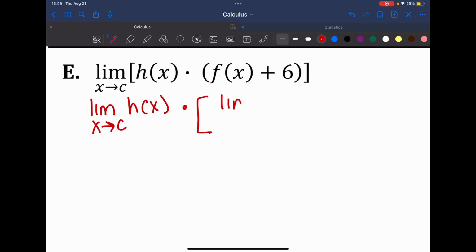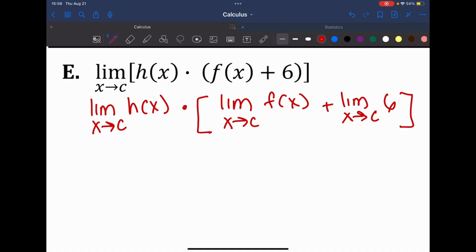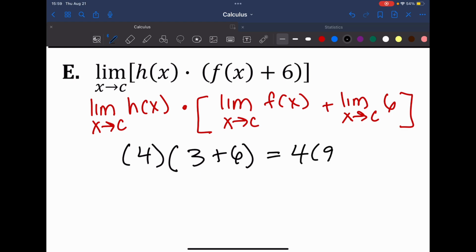So this is the limit as x approaches c of f of x plus the limit as x approaches c of 6. So then I know h of x is 4, so this is 4, times f of x is 3 plus 6, so this gives me 4 times 9, which is 36.